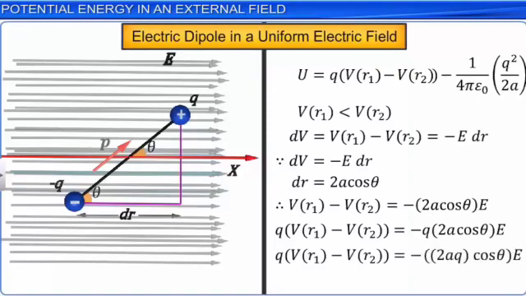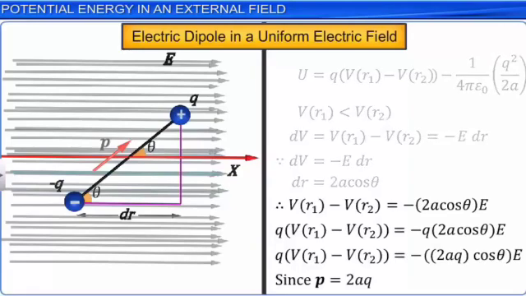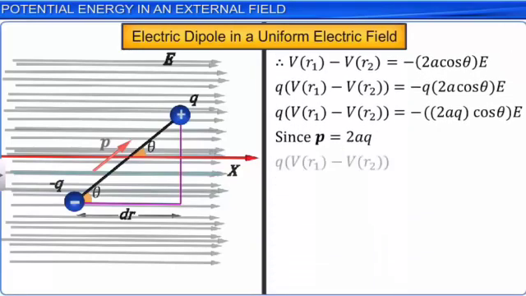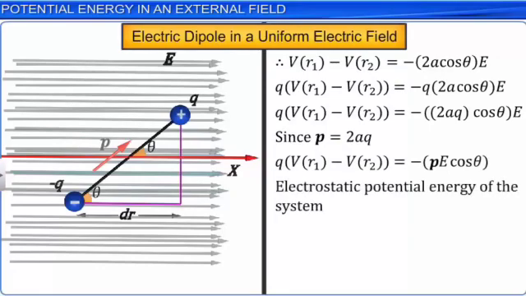And since dipole moment P equal to 2aq, this can be written as minus PE cos θ. Now the electrostatic potential energy of the system can be written as minus PE cos θ minus 1 by 4 pi epsilon naught Q square by 2a.